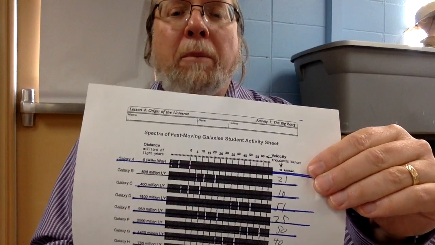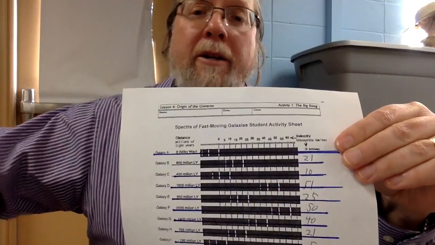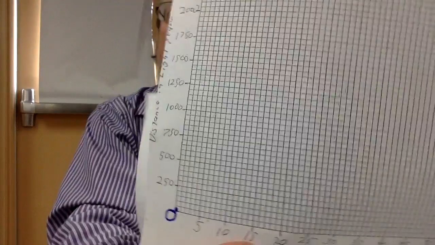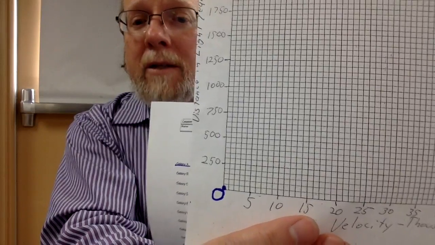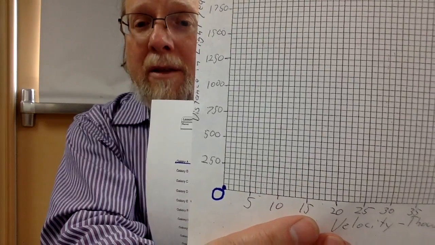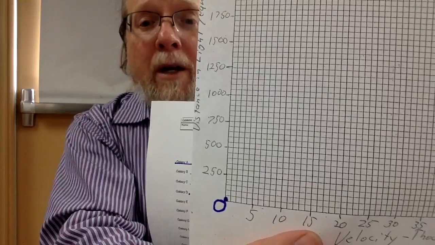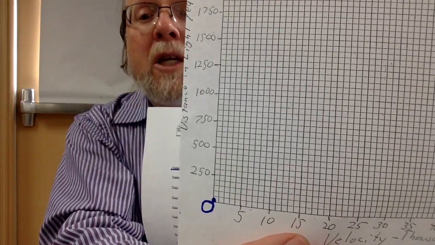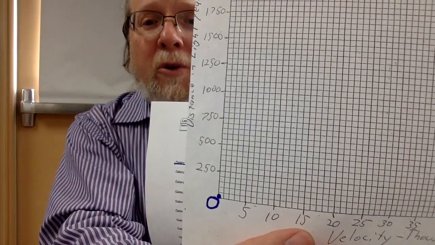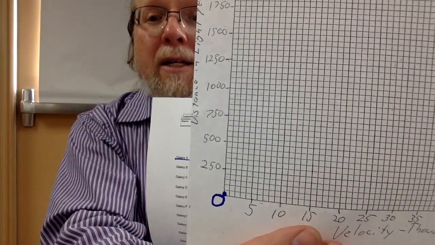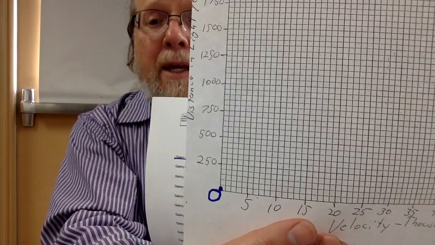I've already placed a data point on here at the 0, 0, and that is our galaxy, the Milky Way. We're in it, so we're not moving away from ourselves, and also we are here, so the distance to the Milky Way is 0.